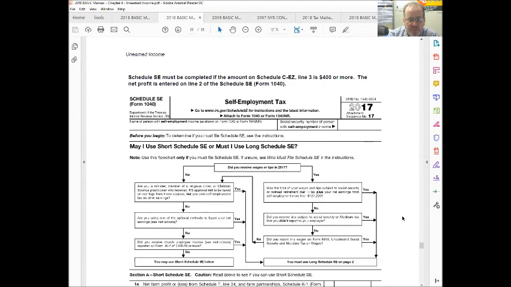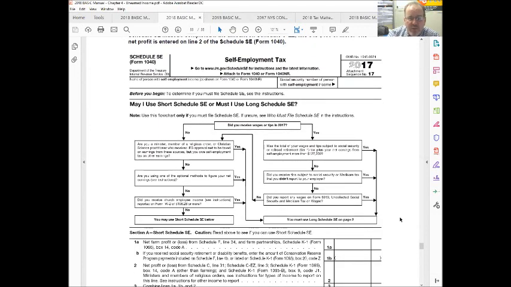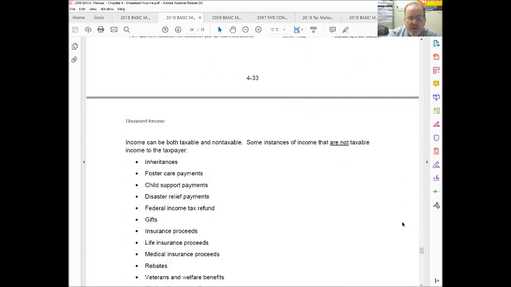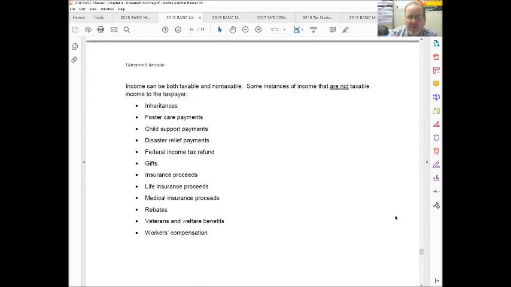Read through this, but don't get hung up on the Schedule CEZ and the self-employment tax. We're going to get into that much later when we do the business ones. It's just an introduction so that you understand where it goes when we're doing some exercises right now.